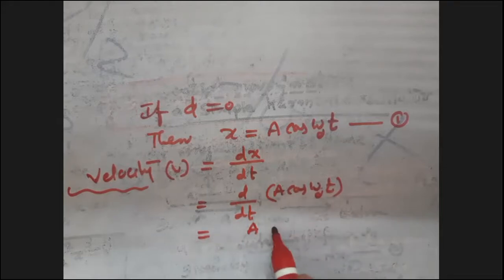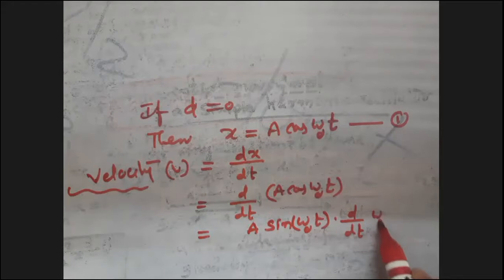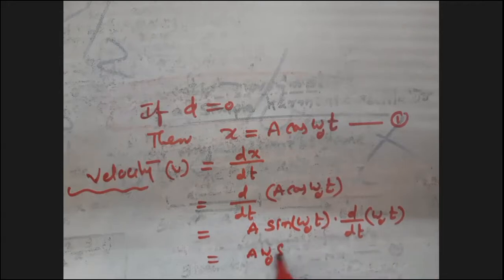D by dt of cos omega naught t gives minus sine of omega naught t into d by dt of omega naught t, which gives omega naught. Then v is equal to A omega naught sine of omega naught t. This is the velocity of the particle of the simple harmonic oscillator.